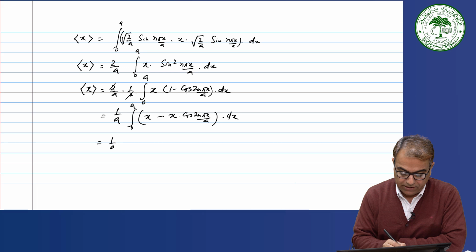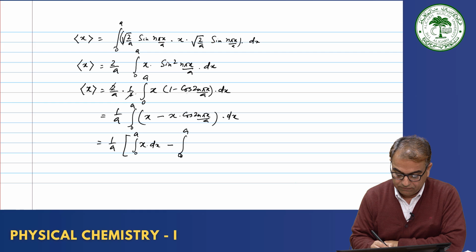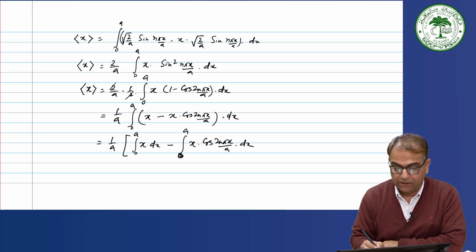So this will be 1 by a, and then one integral will be 0 to a x dx, and another integral will be 0 to a x cos 2 n pi x upon a dx. Okay.